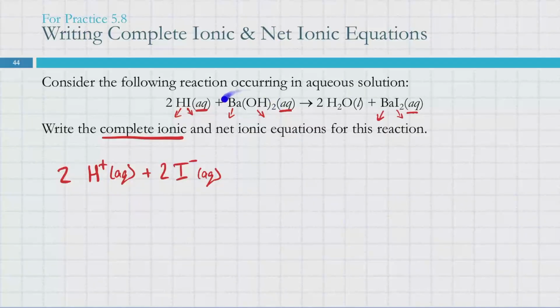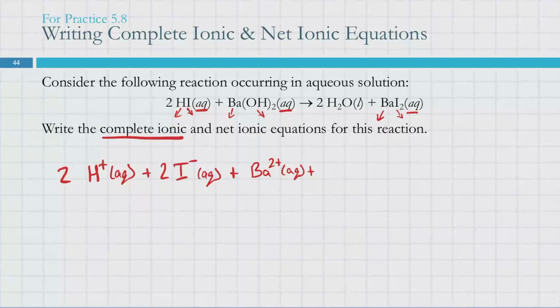Our Ba(OH)2 also gets split up. We've got a barium. Barium has a 2 positive charge. It's one of our alkaline earth metals, so it shows up in our second column, way down here, number 56. It's in our second column, 2A. It's always going to form a 2 plus charge. So Ba2 plus. This one's also aqueous.